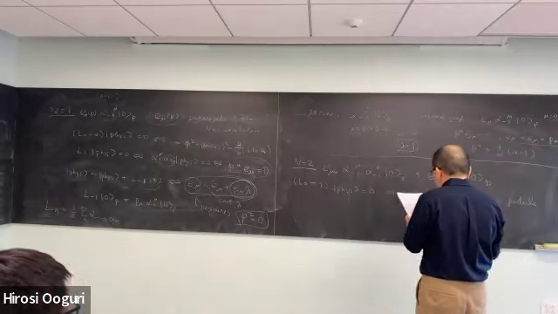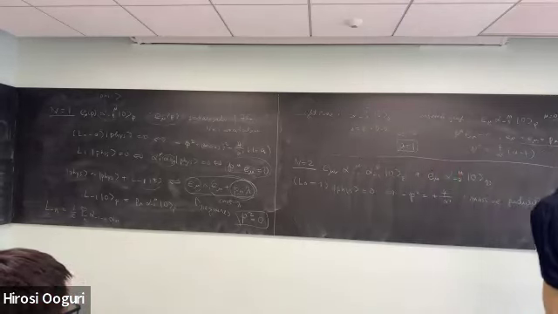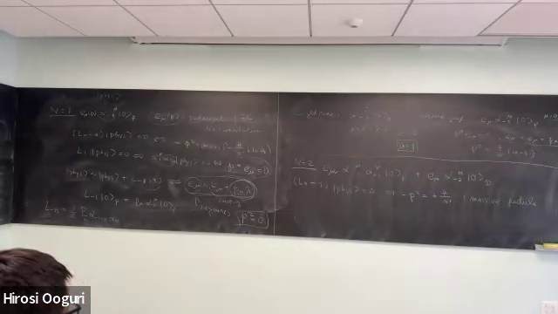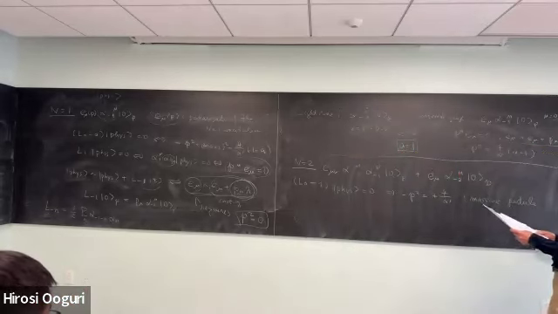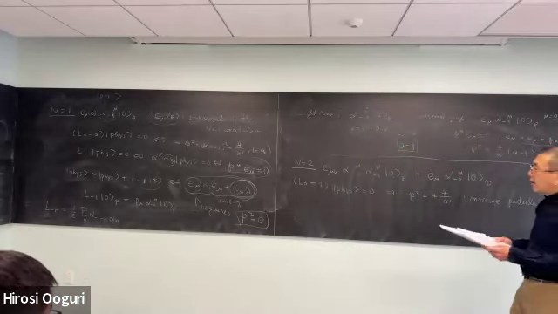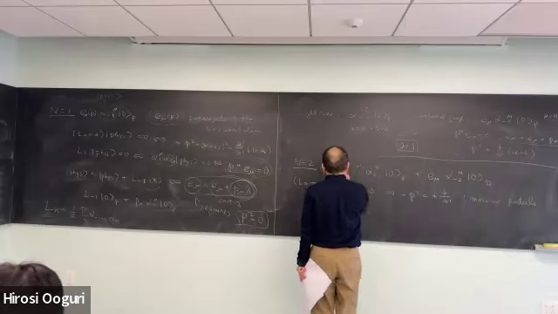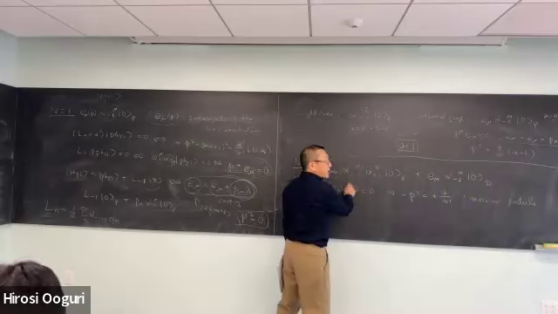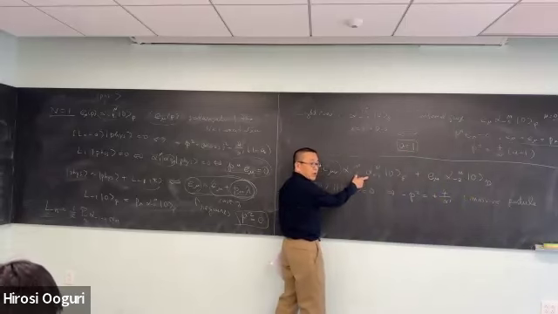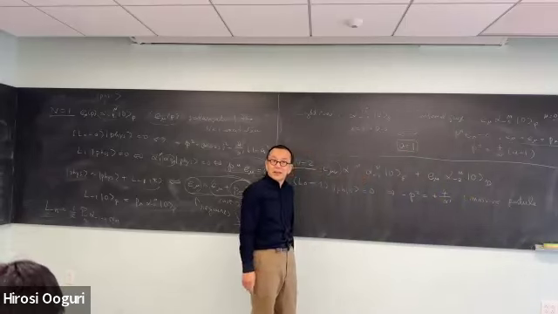So how many states do we have? Well, we have a tensor, and this is symmetric because these creation operators commute with each other.